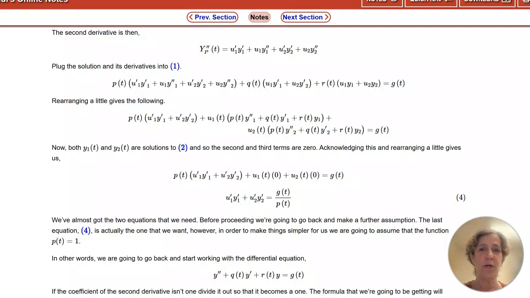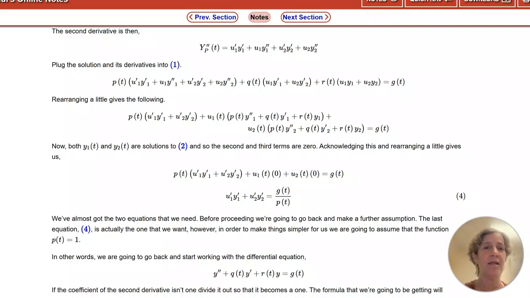Then we do some algebra combining like terms to get this next line right here where you can see the highlight, p of t times the u1, y1 both prime, etc. And now we notice, again, both little y1 and little y2 are solutions to the homogeneous equation.